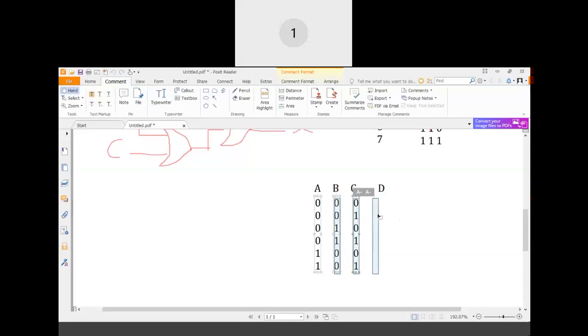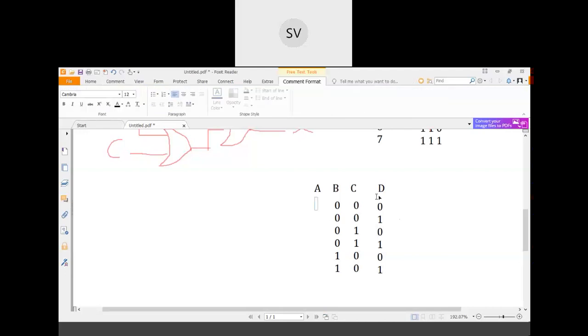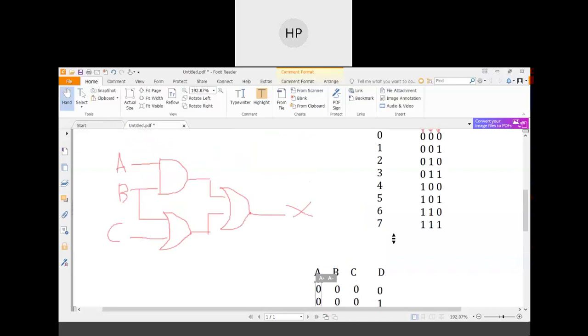Column A should be 8 zeros, followed by 8 ones, depending on the number of rows.